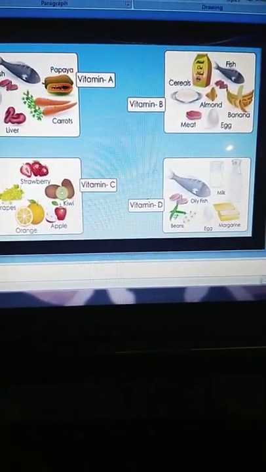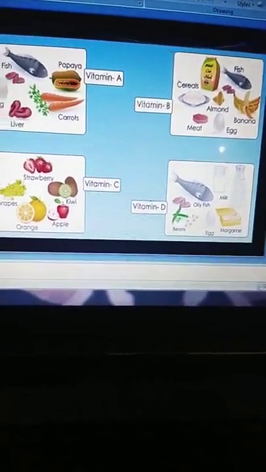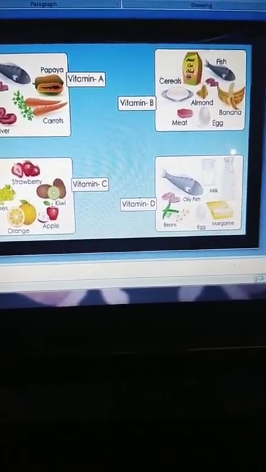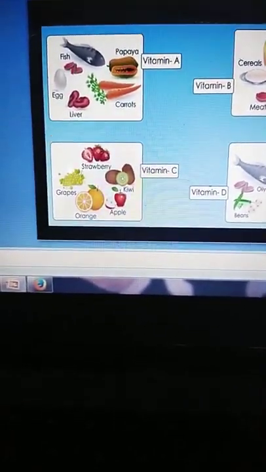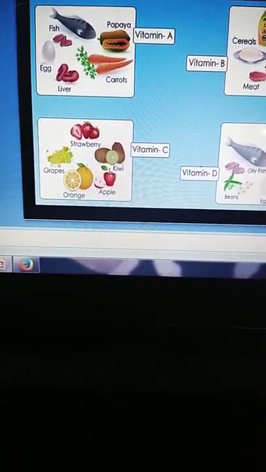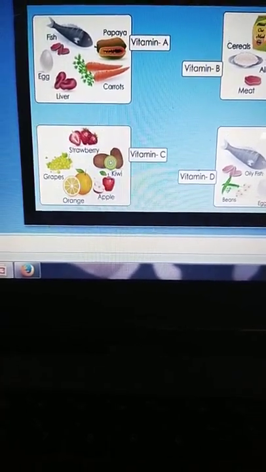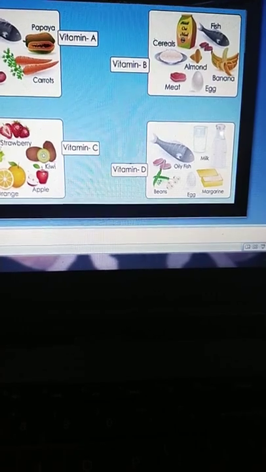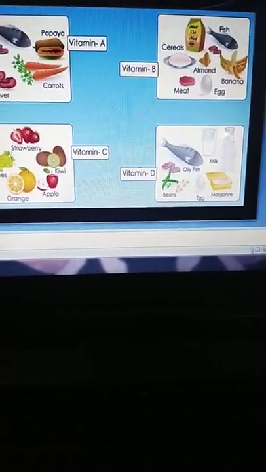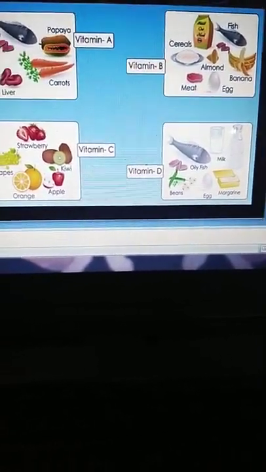Vitamin B is present in cereals, almond, meat, egg, banana, fish. Vitamin C is present in strawberry, grapes, kiwi, apple and orange. Vitamin D is present in oily fish, beans, egg, margarine and milk.